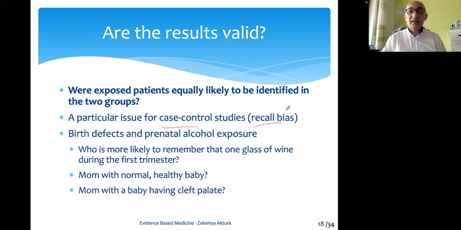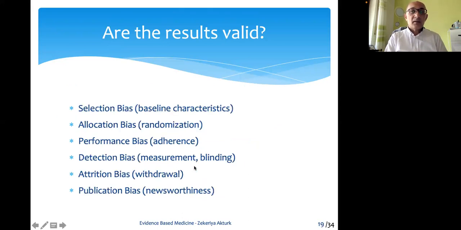If you ask a mother who had a baby with birth defects whether she consumed alcohol during the pregnancy, she will probably remember the one glass of wine more than the control group who had healthy babies. So the recall bias is very important. There are other types of bias which you already should have mastered, but let me remind you about them.